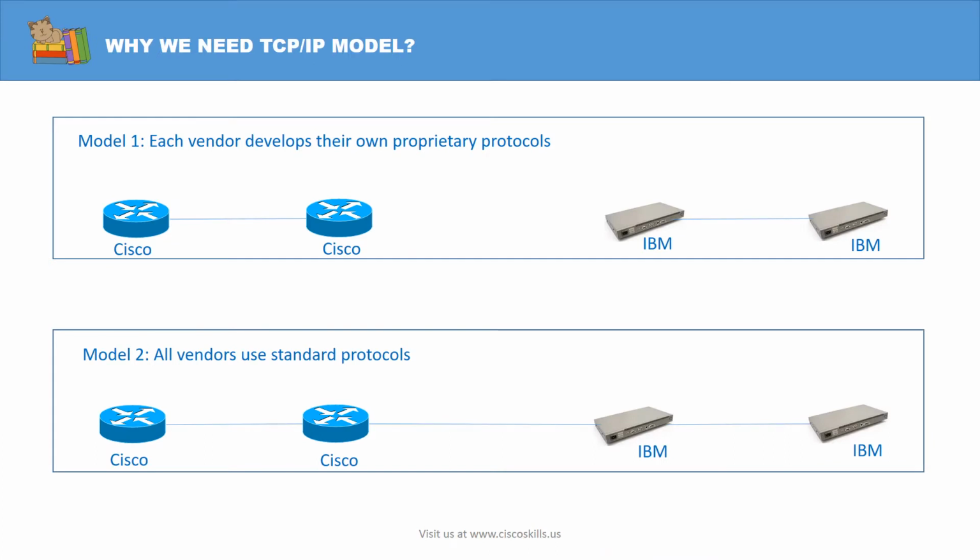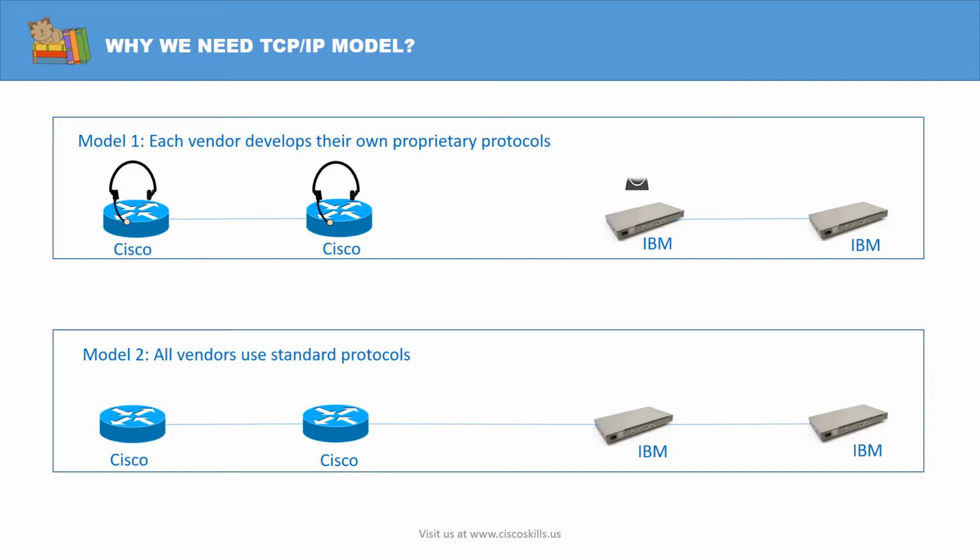As you can imagine, back in the old days, before having TCP/IP model, many big corporations have already devised their own protocols to allow the communication between their own networking devices. As you can see in Model 1, Cisco has their own proprietary protocols to transfer data between their devices.